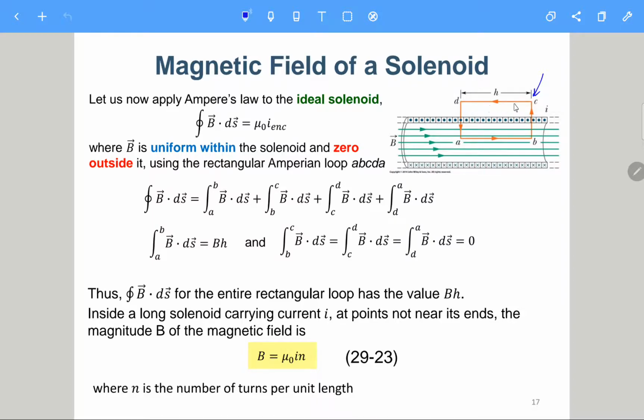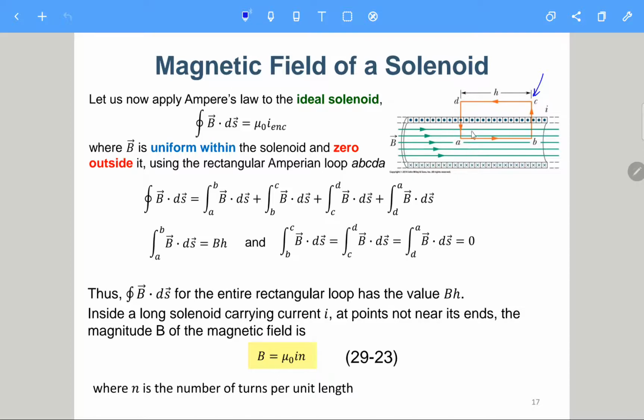For CD, we already assume that the magnetic field is 0 outside the solenoid, so from C to D, it should be 0. And for BC and DA, BC is here to here, and DA is here to here. You can see that DA is perpendicular to the B field inside the solenoid, and outside, the B field is already 0.